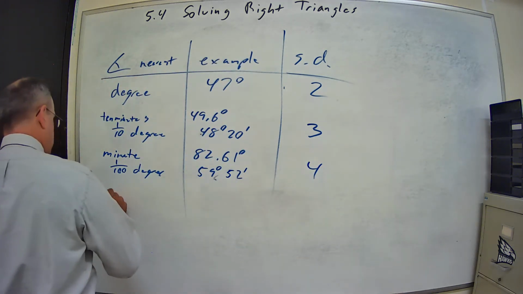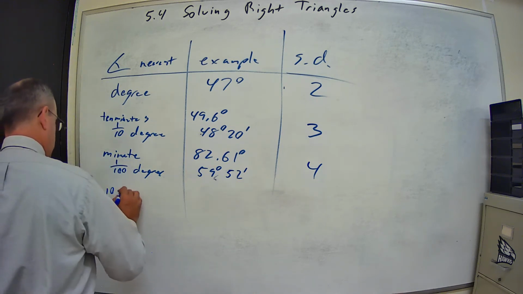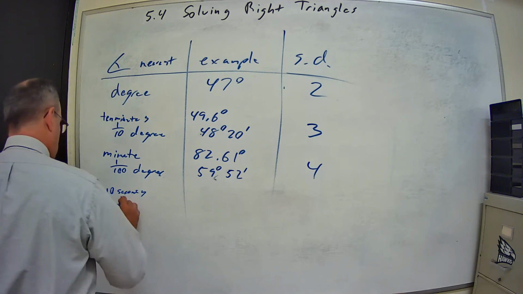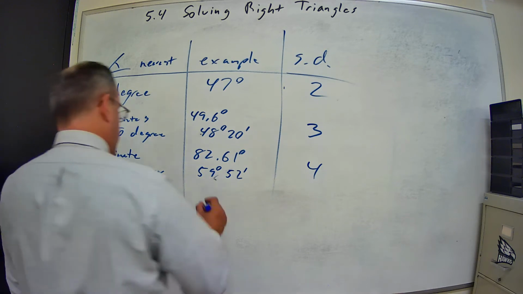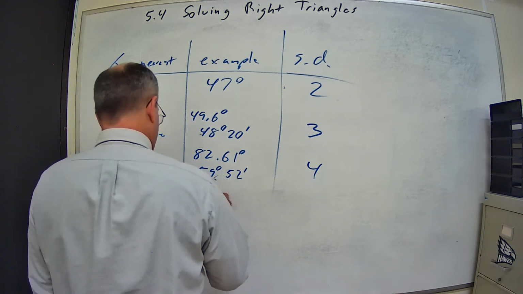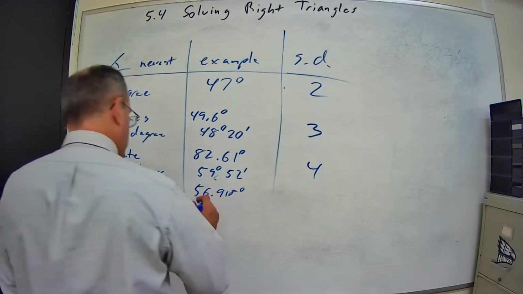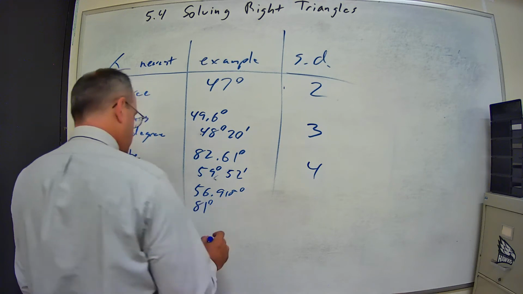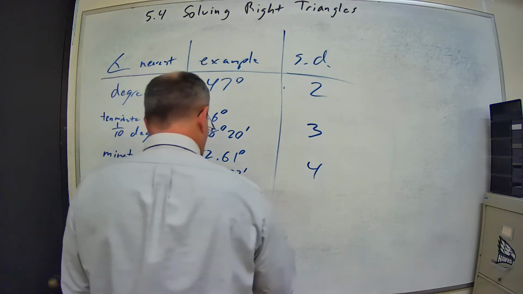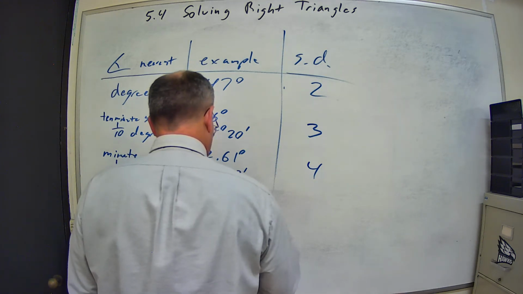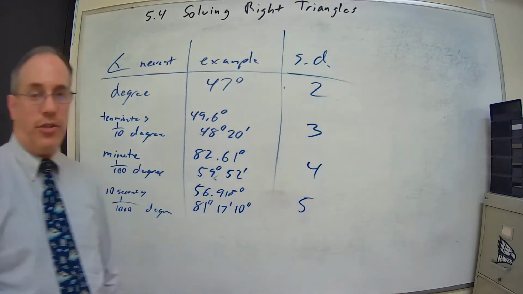And then if we have to the nearest 10 seconds, or 1,000th of a degree, such as 56.918 degrees, or 81 degrees, 17 minutes, and 10 seconds, then we can go to 5 significant digits.